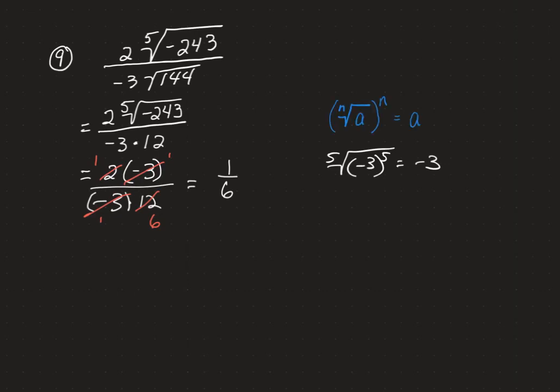The difference between this rule and this example is that our power is under the radical for this problem, but it's outside the radical here. So that brings up, let's add this to our rule, our equation up here. The nth root of a number raised to the nth power is also equal to a.